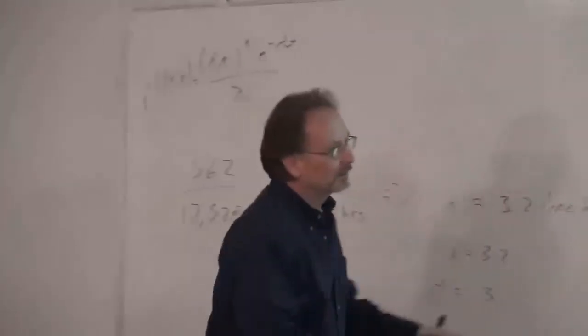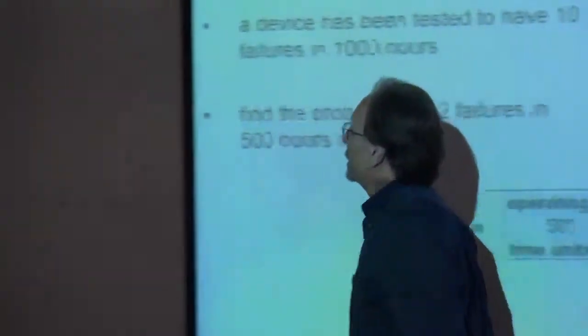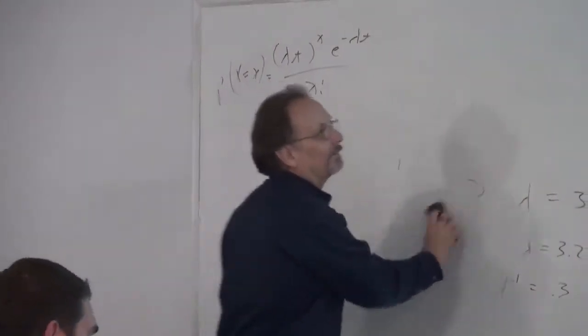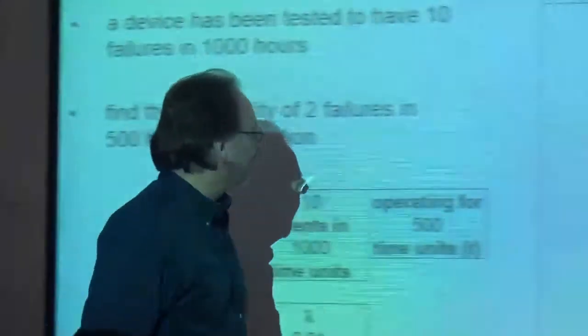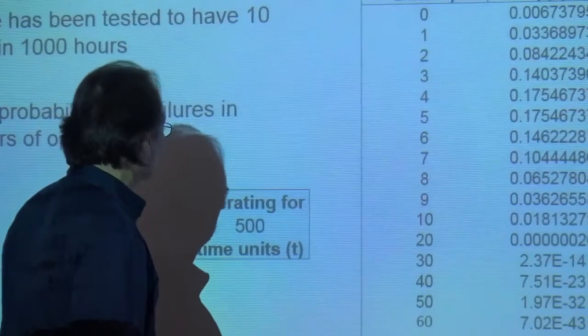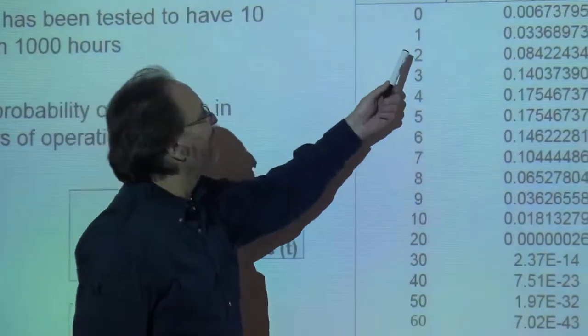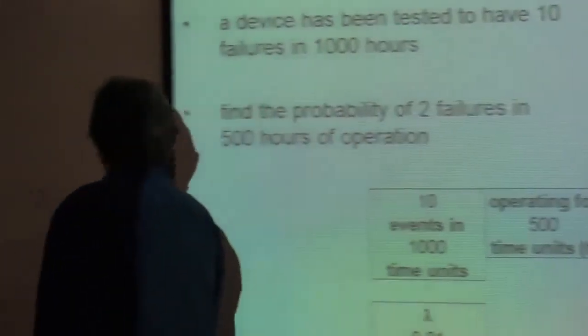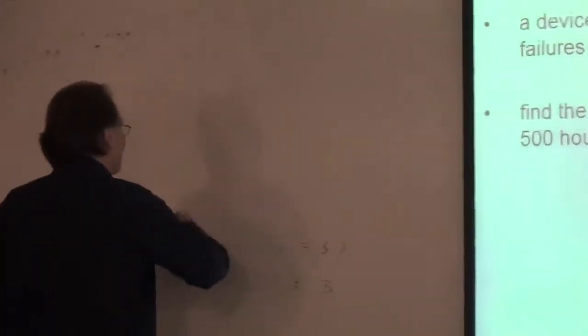So the way we calculate that is with this equation. So let's take time units. I'm going 500, operating for 500 time units. What's the probability of x of 8 occurrences in the next 500 time units?